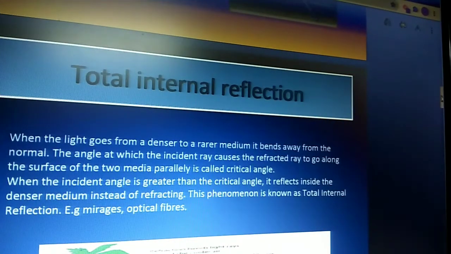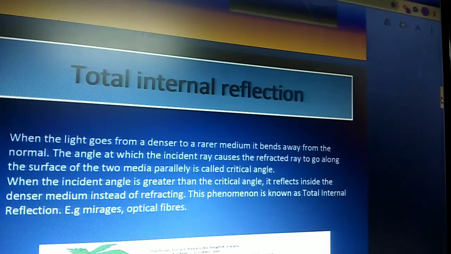Now, based on the phenomenon of refraction, another concept is total internal reflection. What is meant by total internal reflection? Whenever light goes from a denser to a rarer medium, it bends away from the normal.